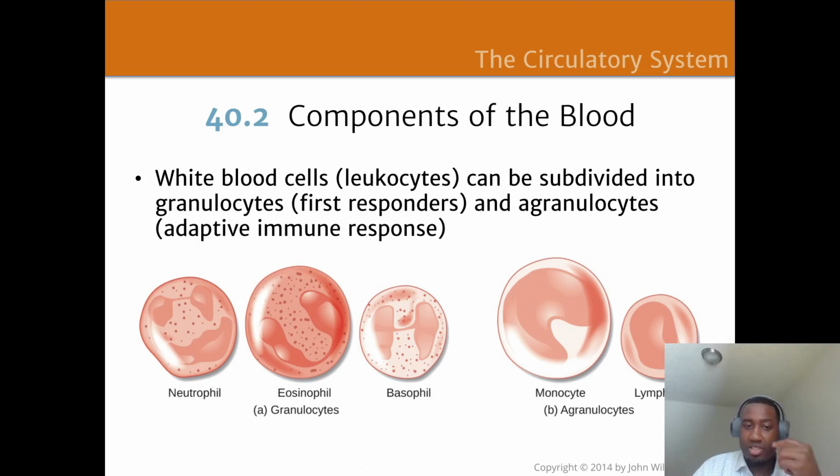So for right now, understand that granulocytes are the first responders: neutrophils, eosinophils, basophils, and then you have the agranulocytes, which are the monocytes and lymphocytes. Just know that, and that's good enough for your test. We'll get into how they function in the immune system when we get to that chapter.